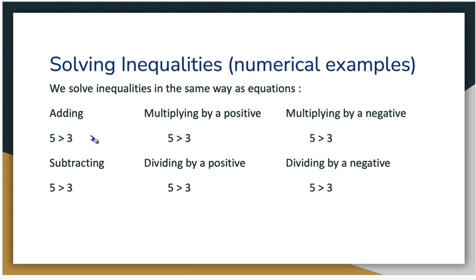So 5 plus 1 is 6. And 6 is still greater than 3 plus 1. So if we add to both sides, the inequality is still true. So there's no change.